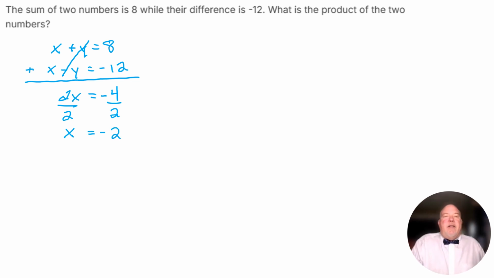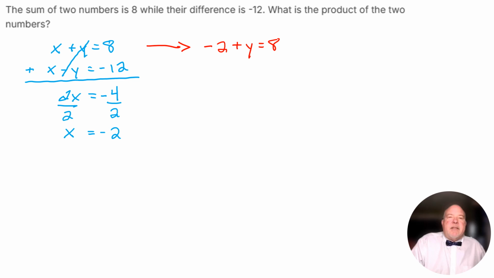So the way that I find the y value now is I just take either of these equations and plug in negative 2 for x, and then I solve it for y. So it doesn't matter which equation I use. I'll take this top equation and plug in negative 2 for x. So that gives me negative 2 plus y equals 8.